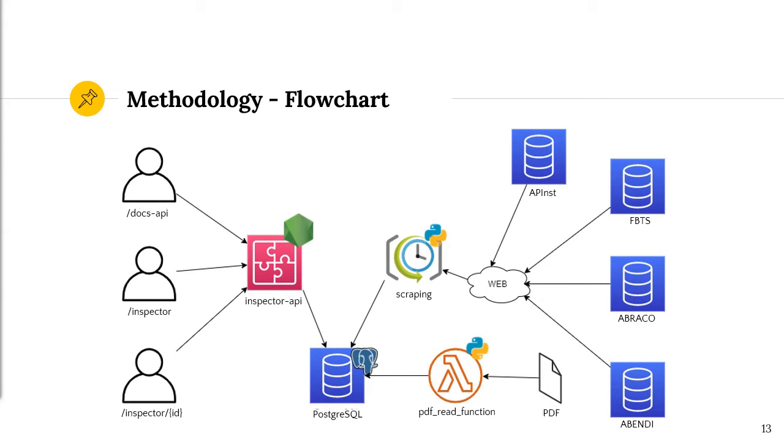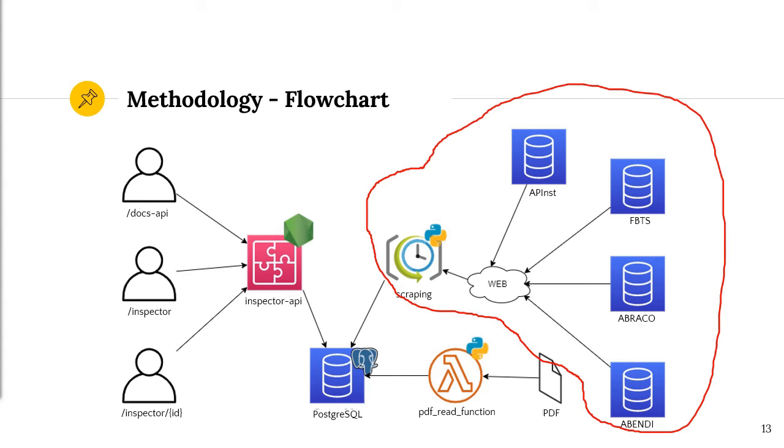Here we show how the system works. We gather data from different approaches. The first from the web, with a scraping job, which gathers data from American Petroleum Institute, FBTS, Abraco, and Abenji.